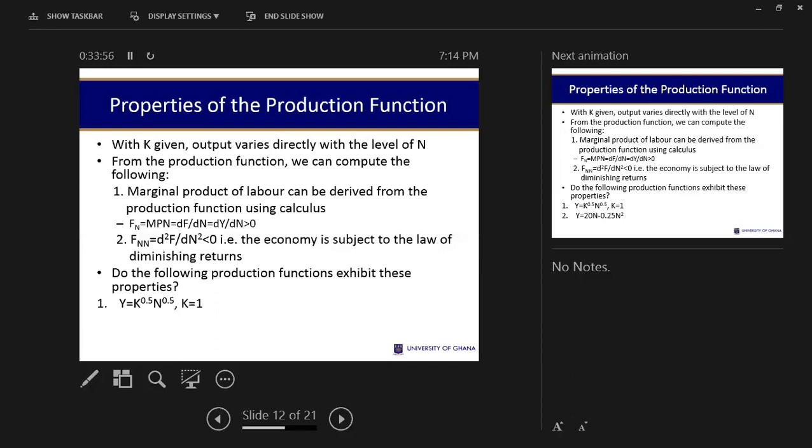I'm waiting for your answers. And see the second derivative, negative, and again negative. What do you multiply again negative? It's true. Does it exhibit those two properties? Audrey.